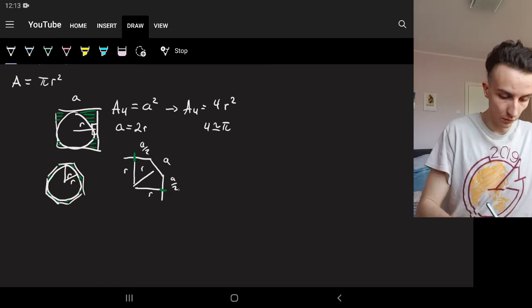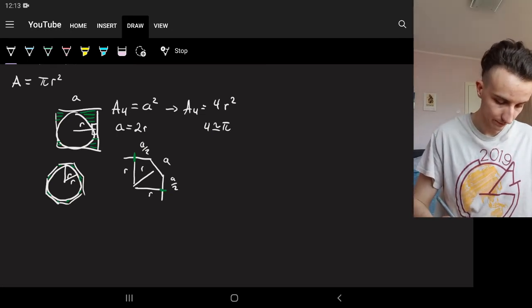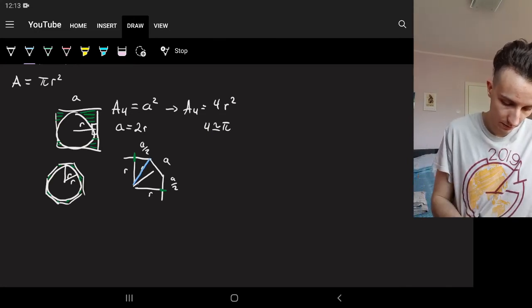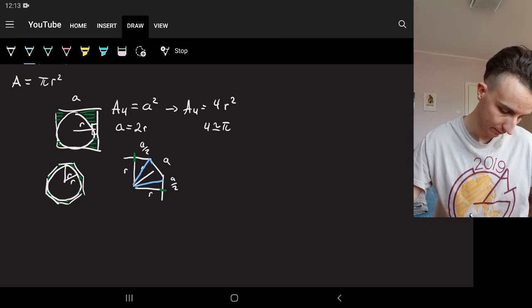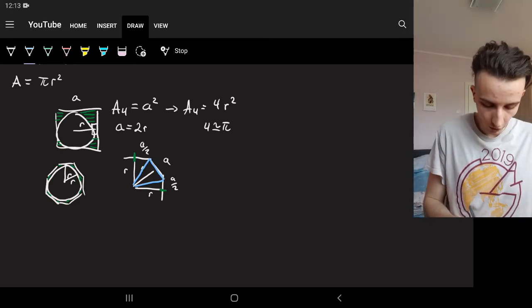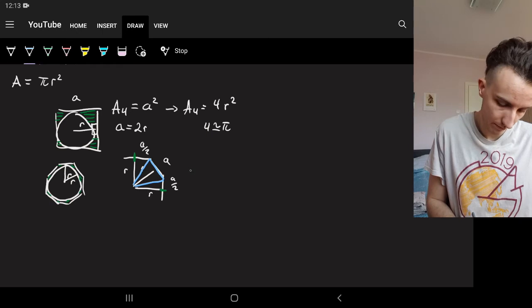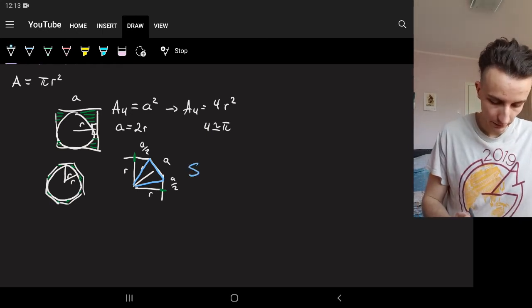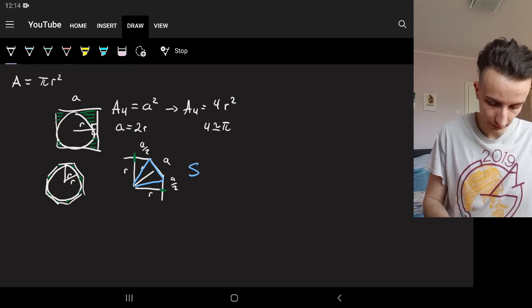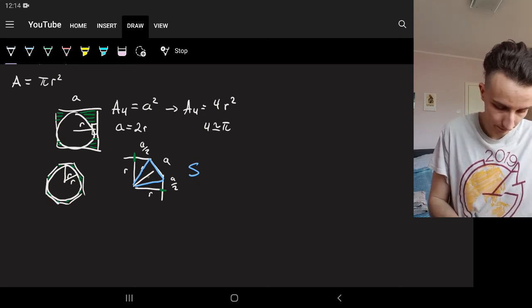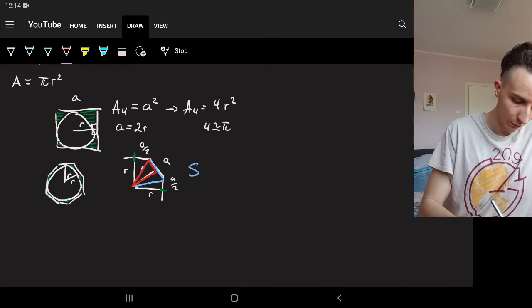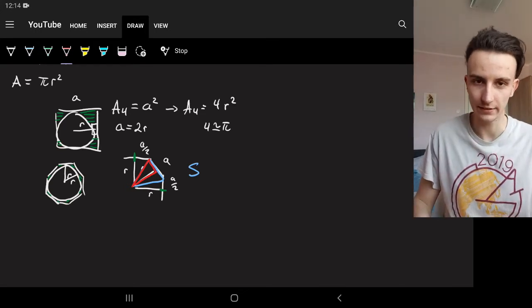Okay. Now, we are going to treat this triangle, this blue one. We're going to call its area S. So its area is S. But to find its height, we're going to look at this triangle, the red one, which is obviously just half of S's area.